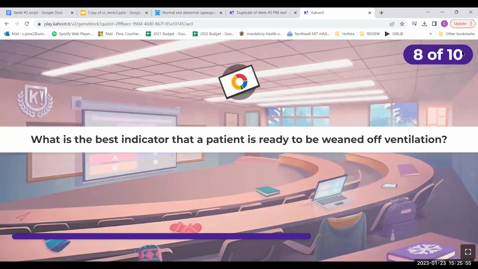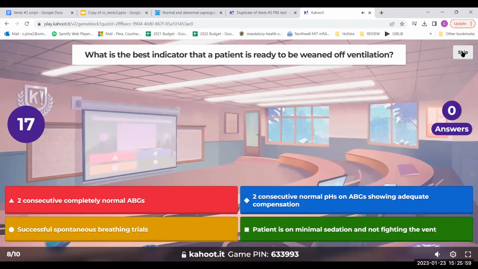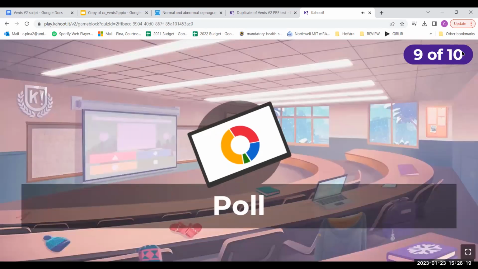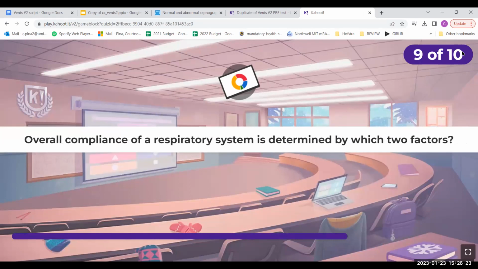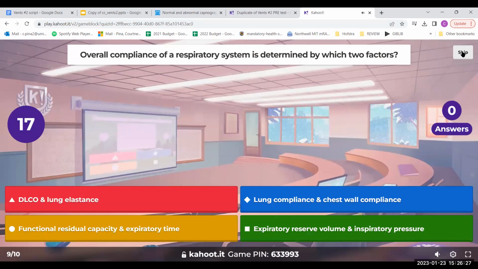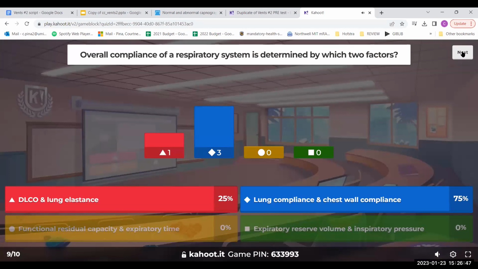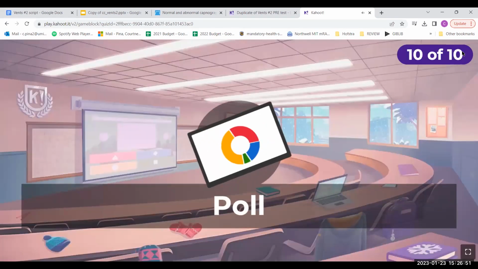And then what is the best indicator that a patient is ready to be weaned off ventilation? Okay. And then last question.